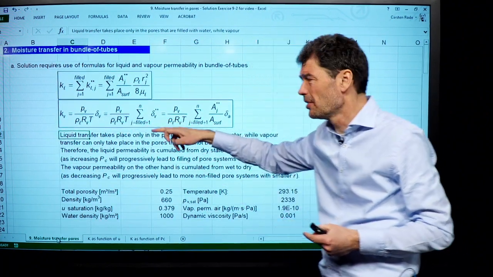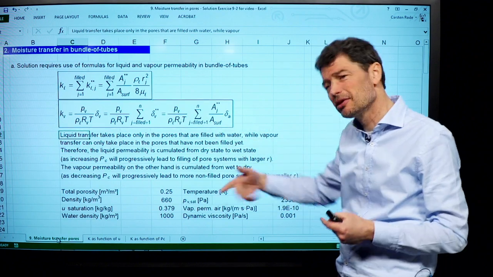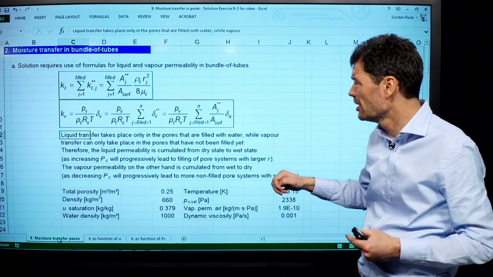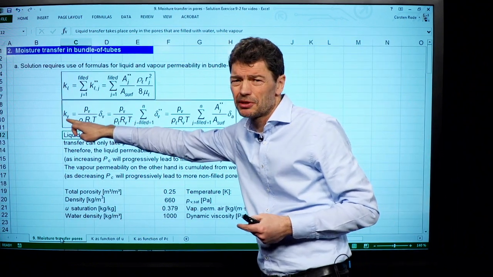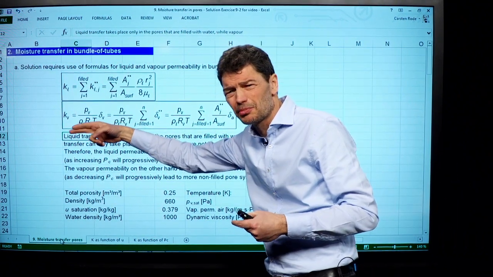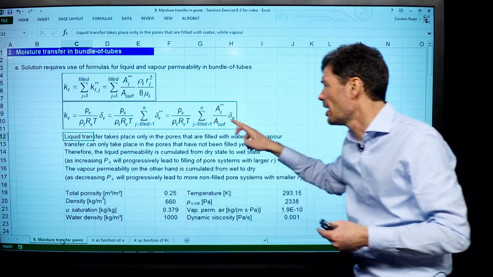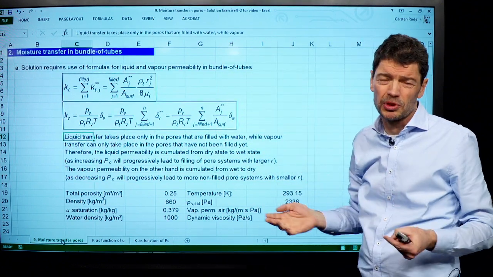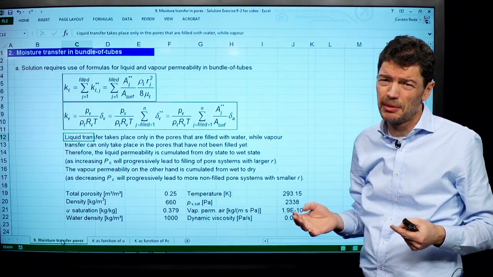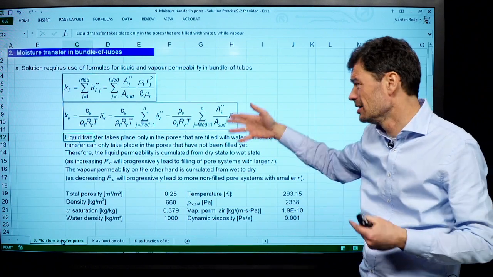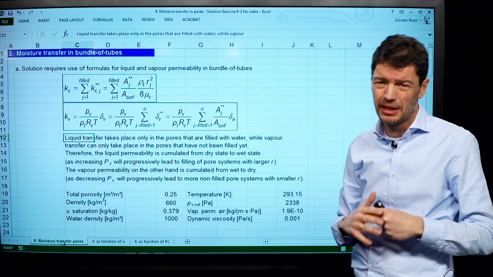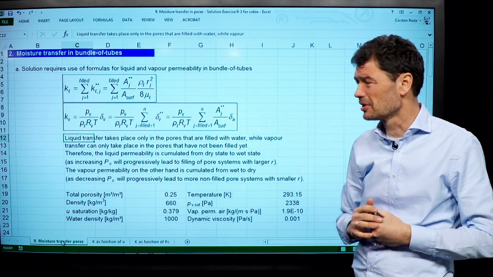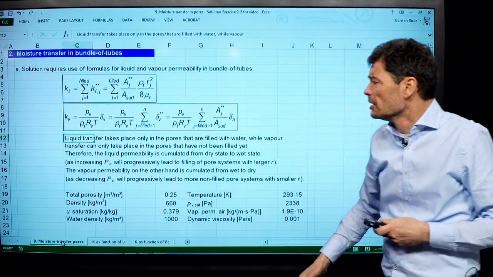Then for the vapor, the equation that we saw in the end of the PowerPoint slides before, we make this unit that we're looking for that refers to the suction pressure as driving potential. It derives from the conventional water vapor permeability of water vapor in air. That is to consider vapor diffusion in the still air-filled pores.